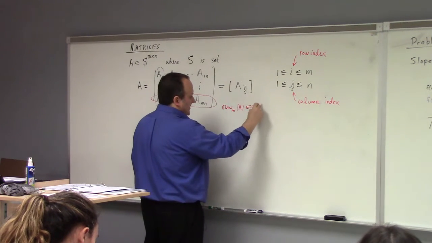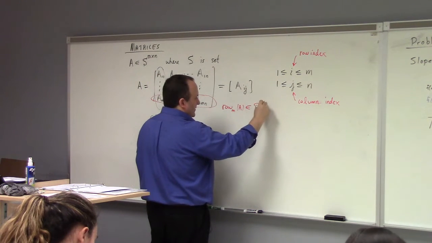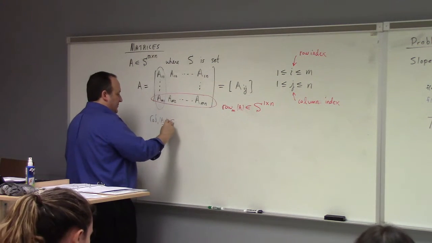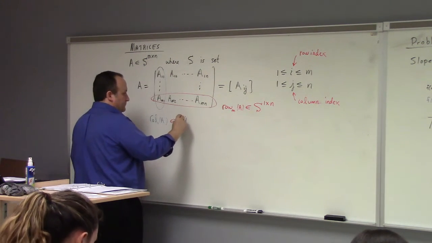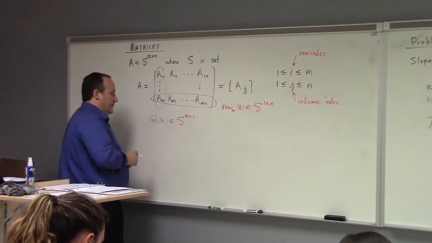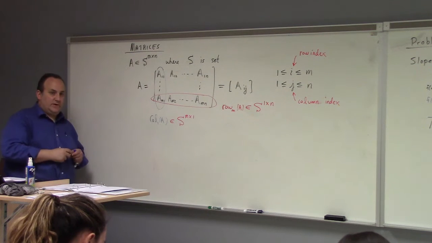So this would technically be an element of S with one row by n columns, and column 1 would be an element of S^(m by 1), because there are m rows in one column. Okay?